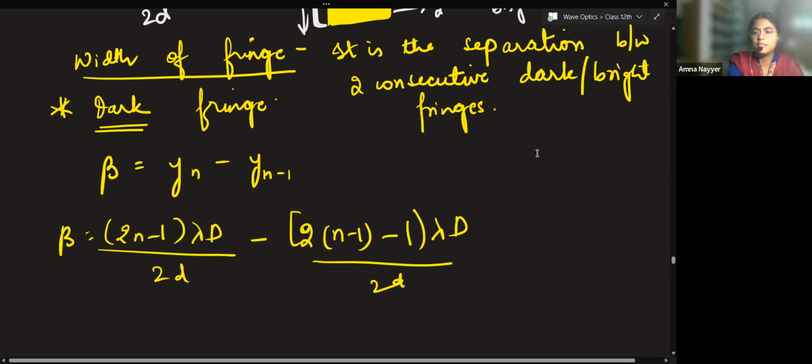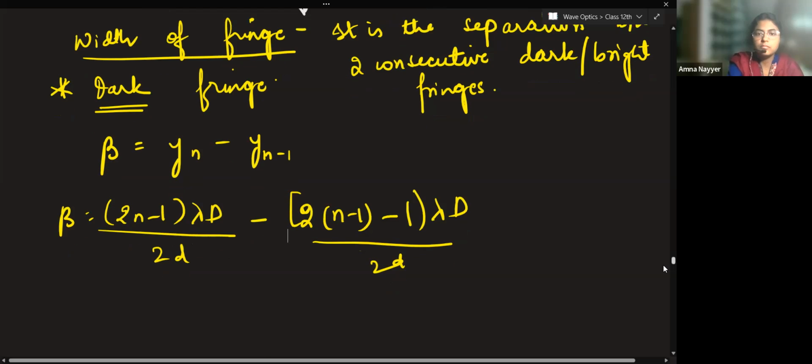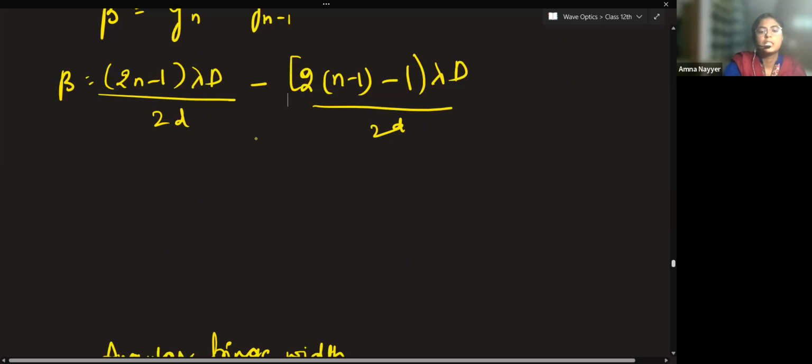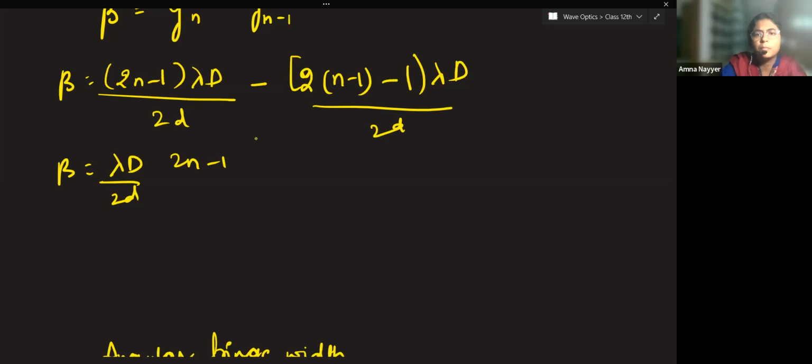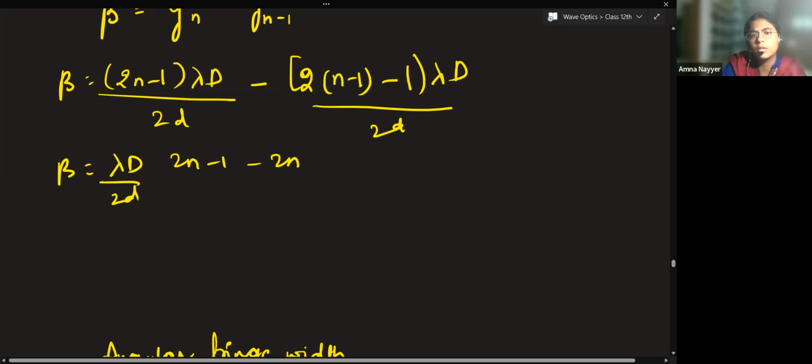Now we just have to solve this. Lambda capital D by 2 small d, we can take common. So this is 2n minus 1, and from the other term we obtain minus 2n, then minus 2n minus 1.